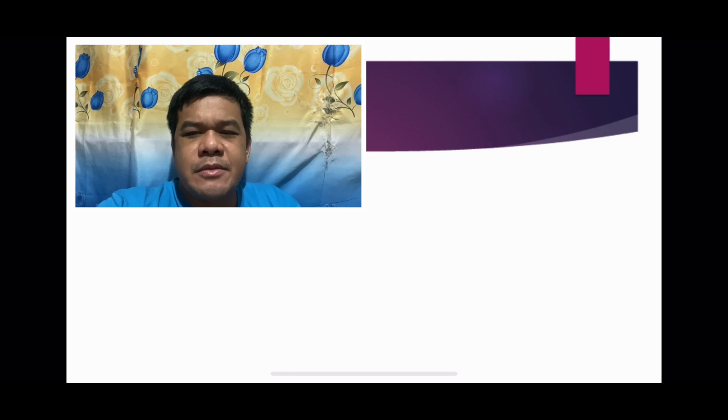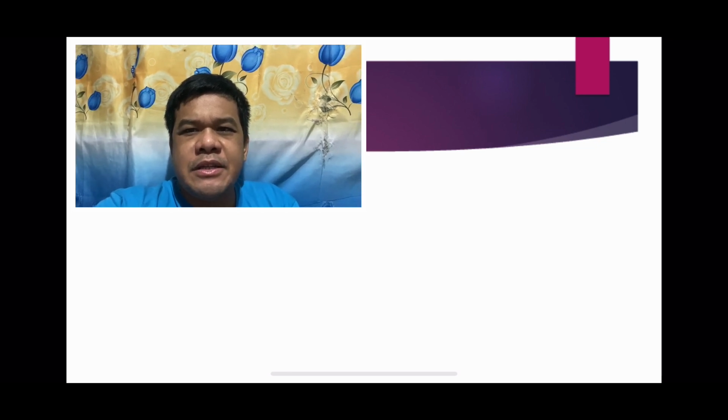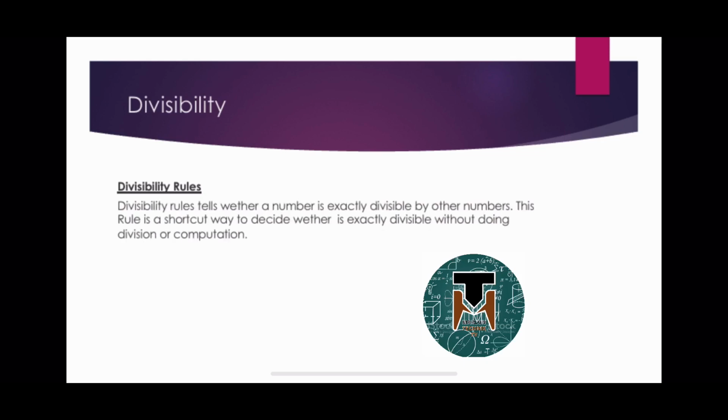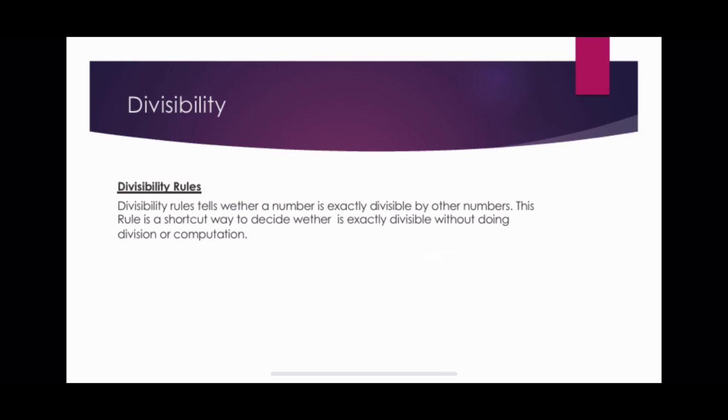The third way is by performing divisibility rules. Divisibility rules tell whether a number is exactly divisible by other numbers. This rule is a shortcut way to decide whether it is exactly divisible without doing division or computation.